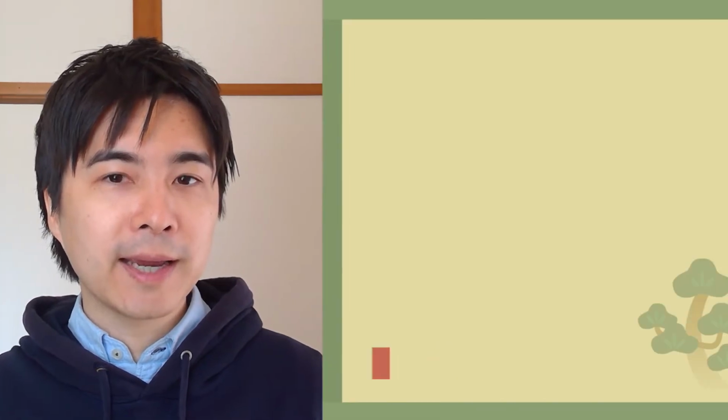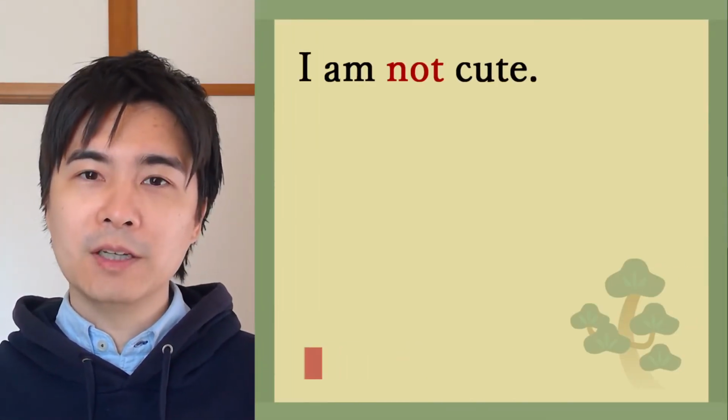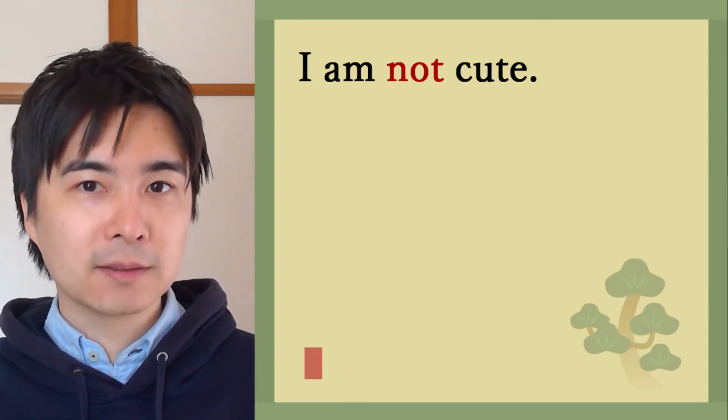In the previous chapter, we learned how to make a negative sentence including a na-adjective. It's almost the same as the case for a noun. So what about I-adjectives? Actually, it is a little bit more complicated than when using na-adjectives. For example, how do you think we should say, I am not cute? Maybe before we make a negative sentence, we should make an affirmative sentence.